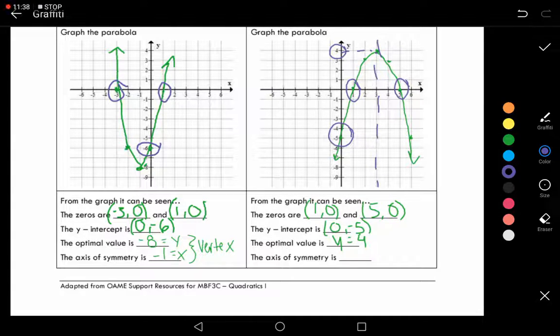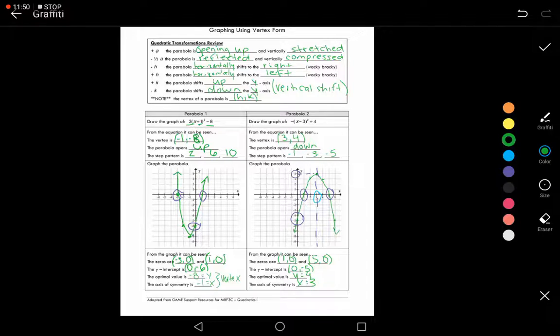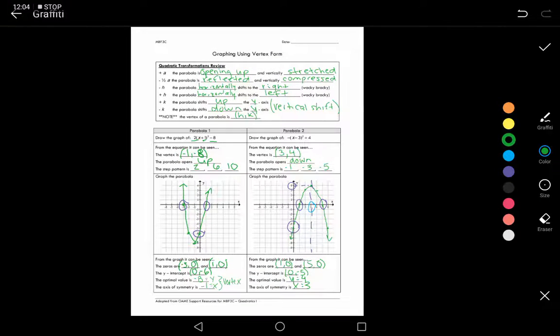Okay, and I can see that that is occurring at x equals 3. So x equals 3. Okay, so we can get all of that information just by simply having the equation. So once we have the equation, we are able to graph, we're able to figure out what are the intercepts and what are the optimal value and the axis of symmetry. So this is the end of the last note from Unit 2.